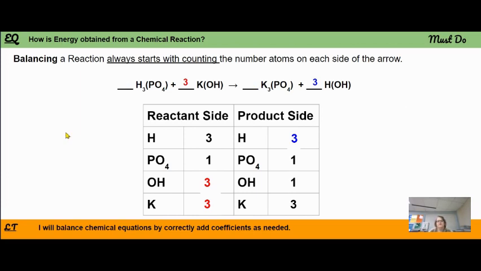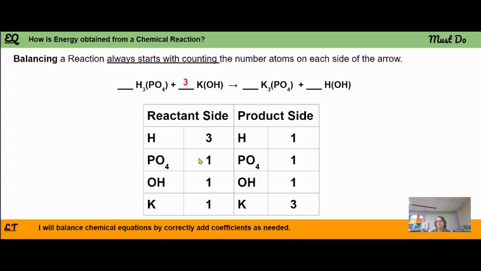So if we look at this again, I started with counting both sides: how many H's, how many PO4s, how many OH's, and how many K's. I then looked at my metal and asked how many potassiums I have and whether they are balanced. They're not balanced. This side has 1, this side has 3. I put a 3 in the blank.